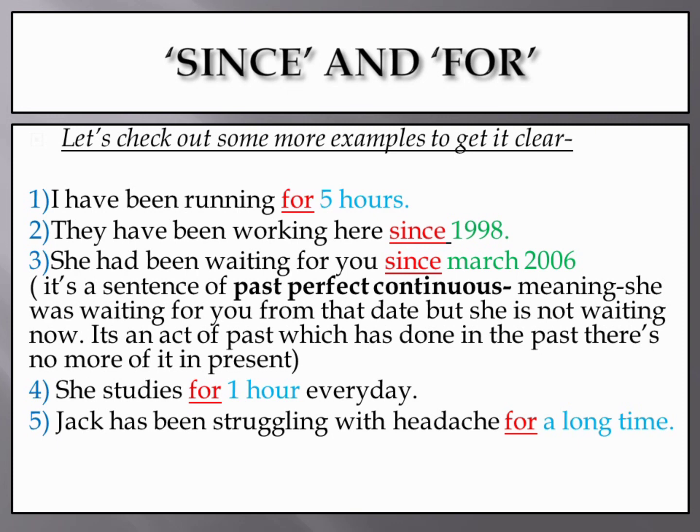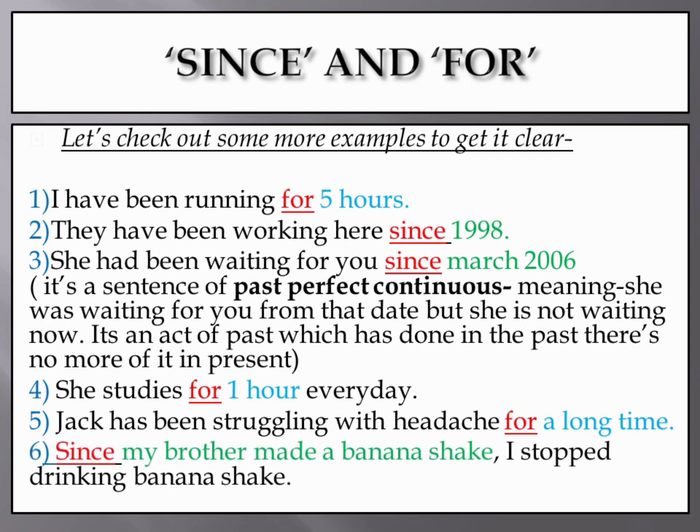So we used for. The fifth one is Jack has been struggling with a headache for a long time. Here it's a period of time. We don't know the exact time when Jack started struggling with the headache. So because it is a period of time, we used for here.